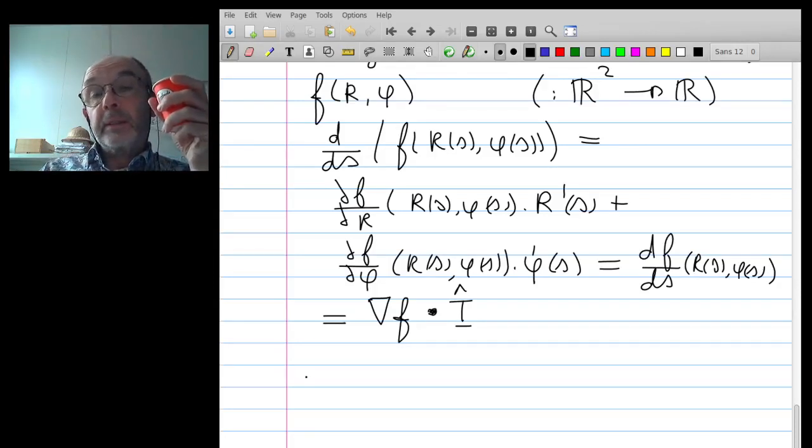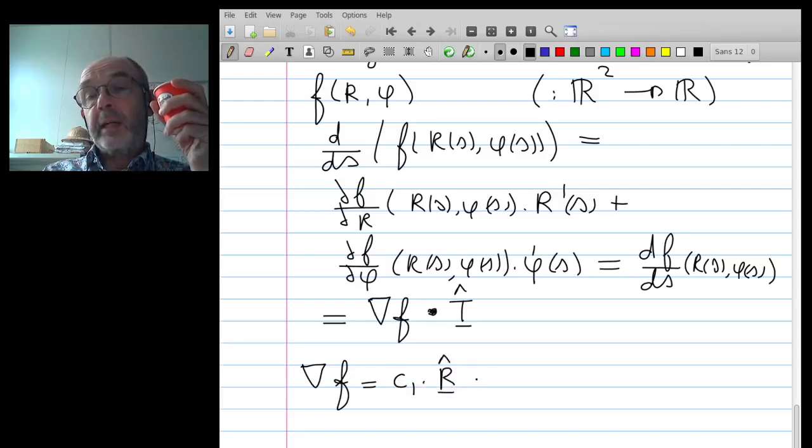Now, I want to write that gradient as a constant times something in the r direction plus something in the phi direction.